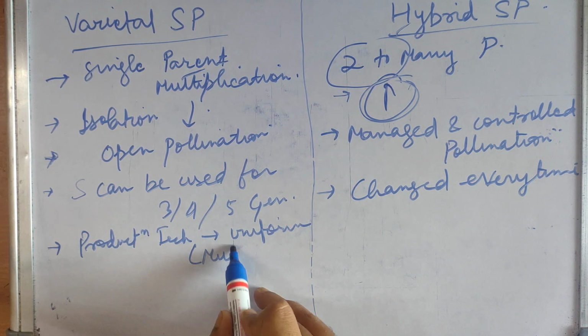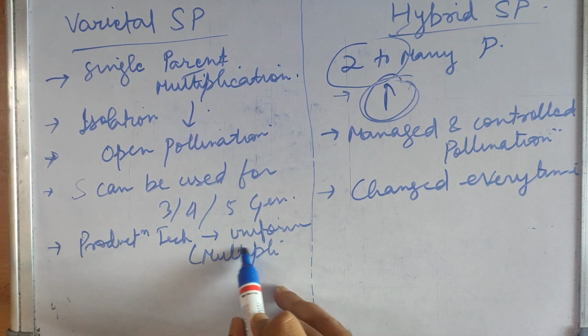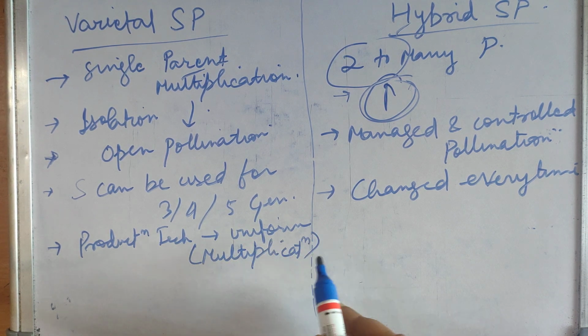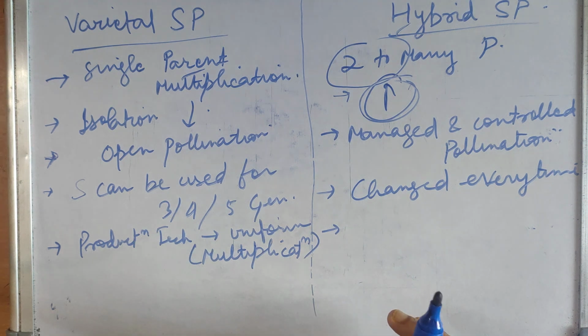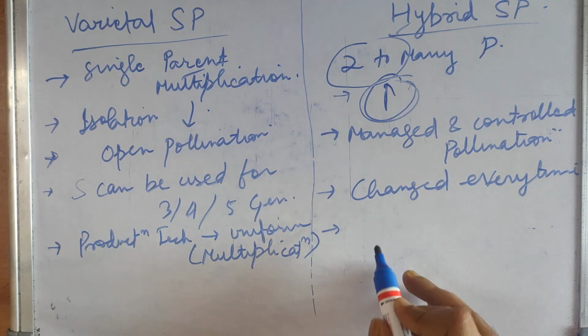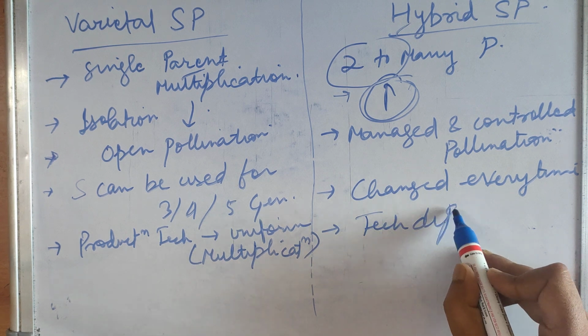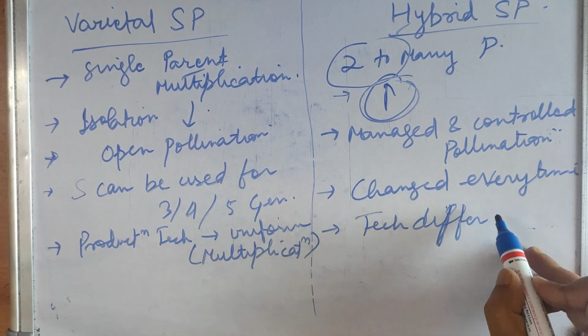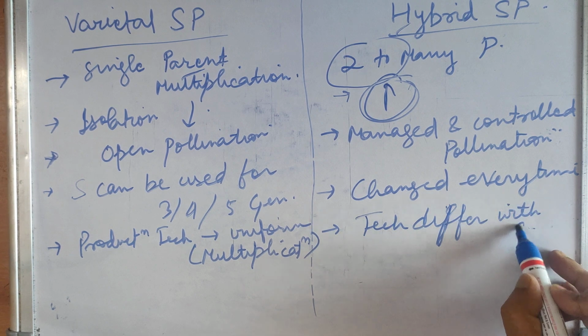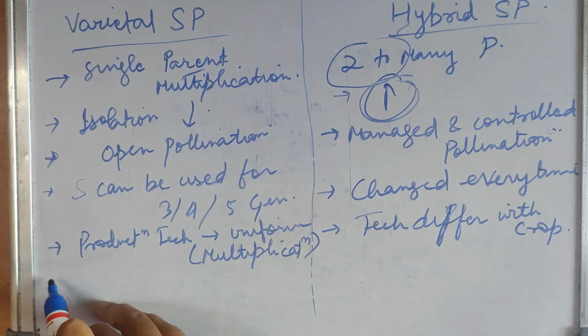In hybrid, the technique differs with crop. Every crop has a different technique. Here the yield is low.